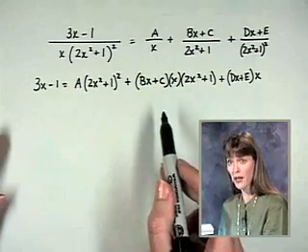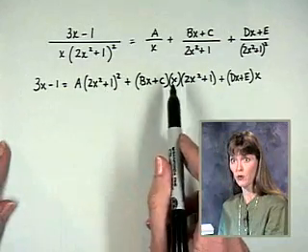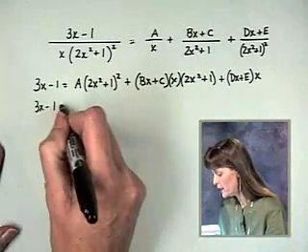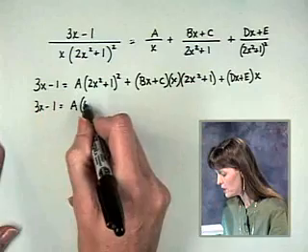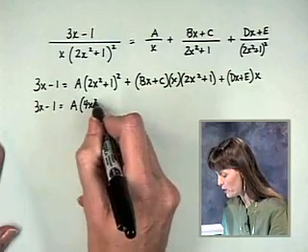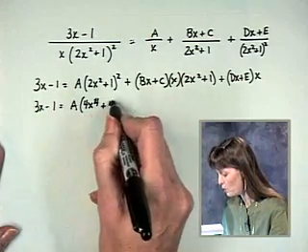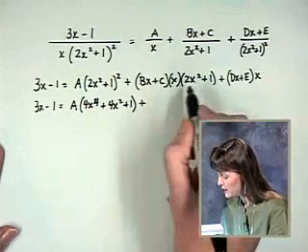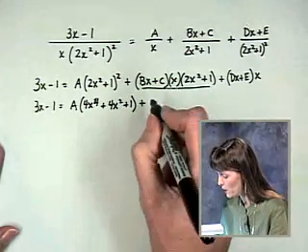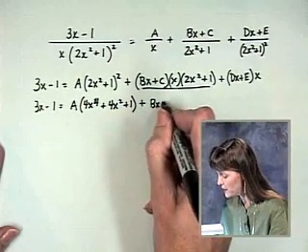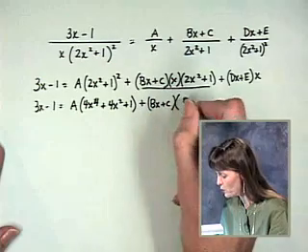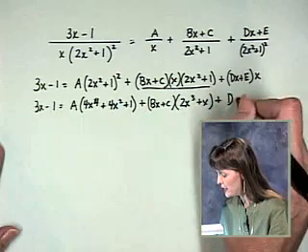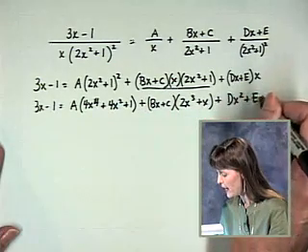We're going to look at another method at this point because of the fact that we have these irreducible quadratics involved. We're going to have 3x minus 1 equals a times 4x to the fourth plus 4x squared plus 1, plus, in our second term, we'll multiply out and end up with bx plus c. I'll multiply here first. We get 2x cubed plus x, plus we have dx squared plus ex.